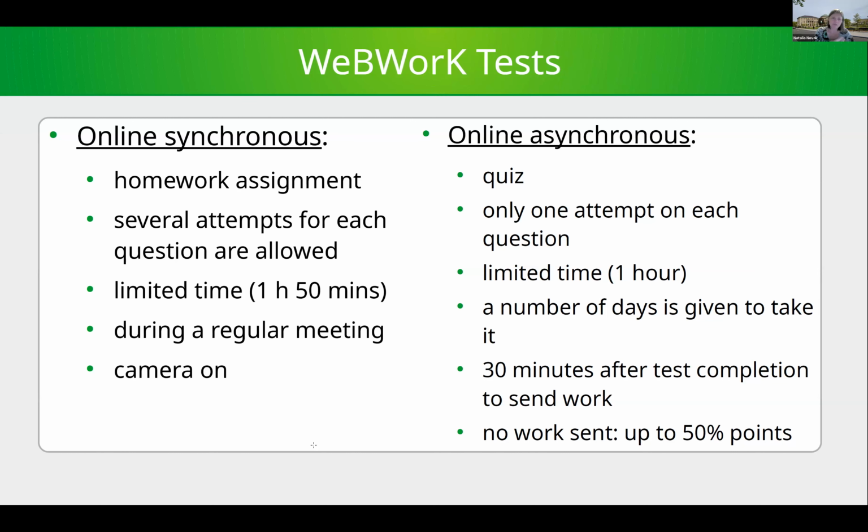And I already had 2 tests for my synchronous class. And some students ask me, oh, professor, but I had such a good score on WebWork, and on Blackboard, it's saying that I have a much lower score. So I had a couple of cases who asked me, and I said, yeah, but look, you are asked to submit your work. And a couple of students told me, oh, I didn't read it, although it was right there, but they rush.